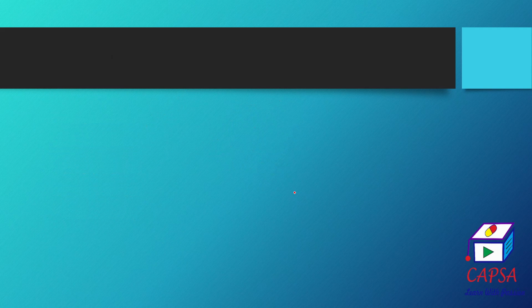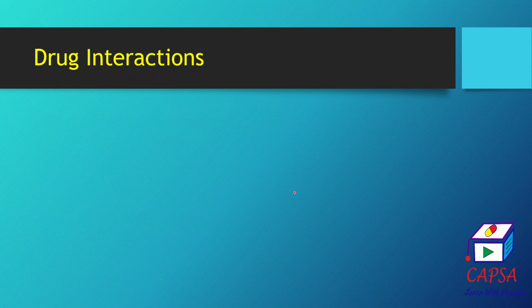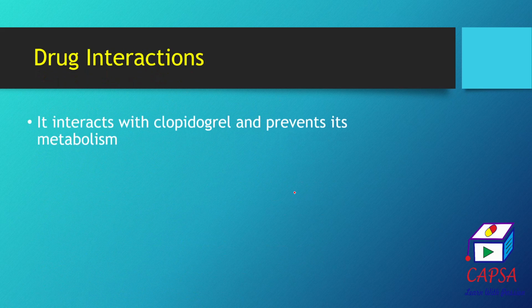So, now what are the drug interactions? Proton pump inhibitors interact with clopidogrel. What kind of drug is this?